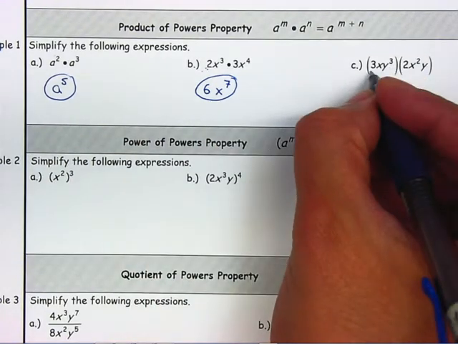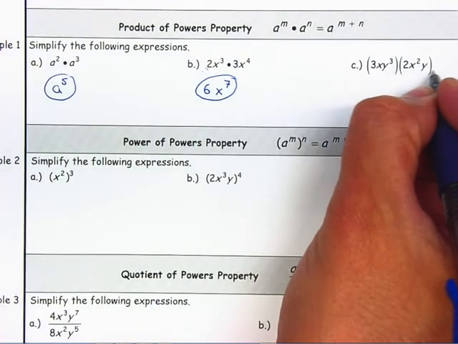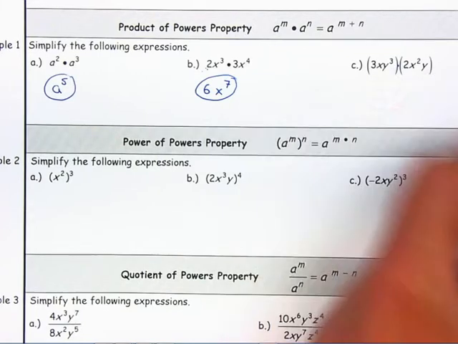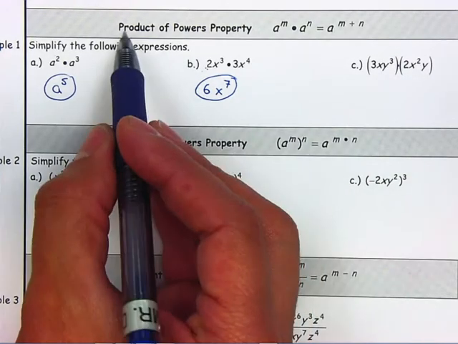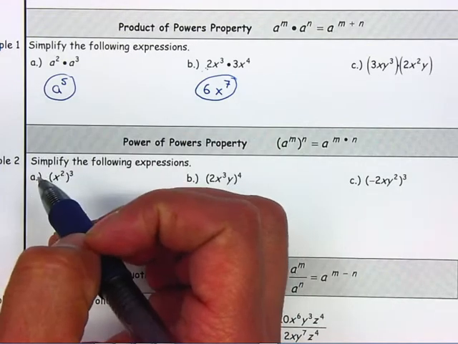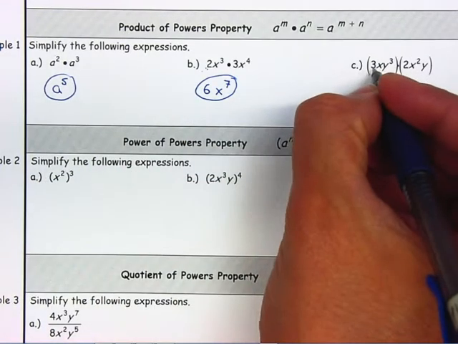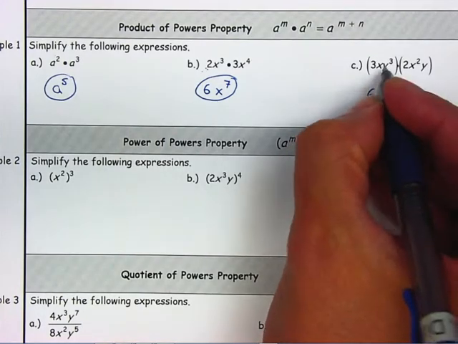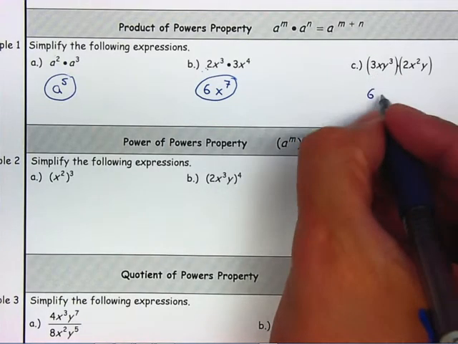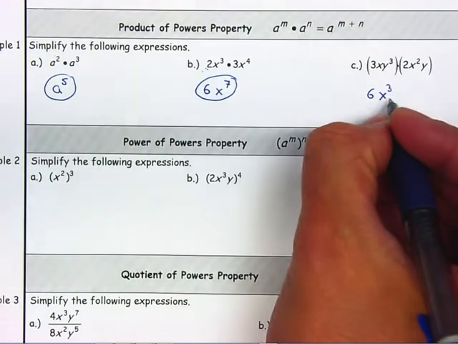Sometimes the multiplication will be expressed when we have two parentheses. There's nothing in between, so they're still multiplying. So we're going to use the product property of exponents. We're going to multiply 3 times 2, which will give us 6. We have 1x and 2 more, a total of 3 x's.